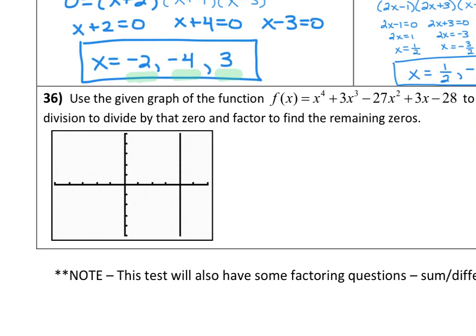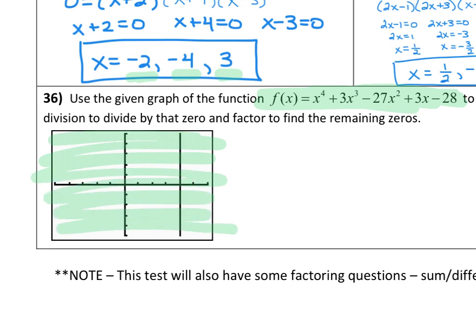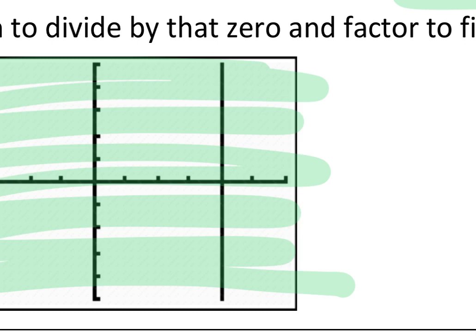So number 36 says that this function, when you graph it, you get this graph. And so by looking at that graph, you know that this is one of the zeros, or one of the solutions of that function.